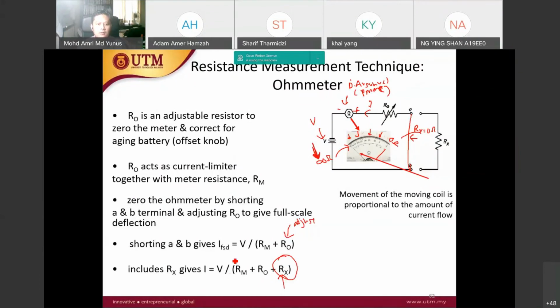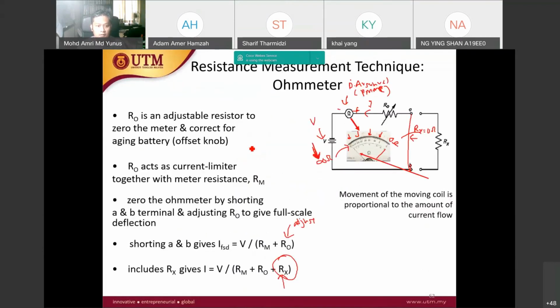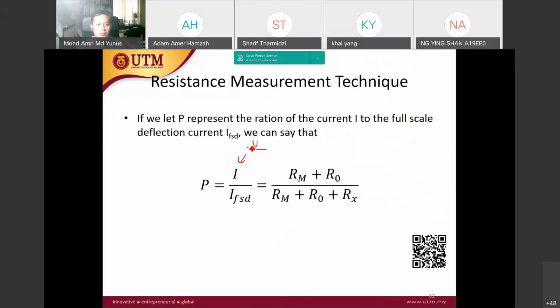I is basically V over Rm plus Ro plus Rx.